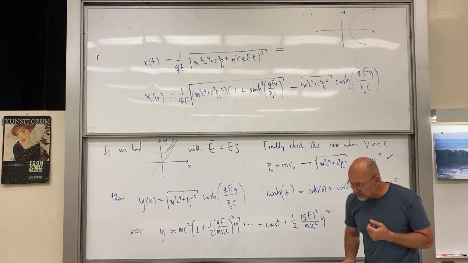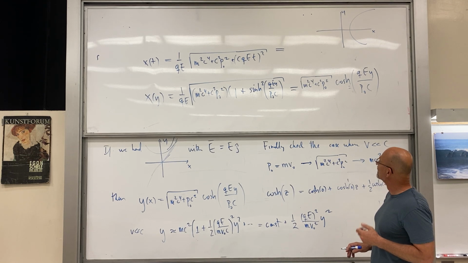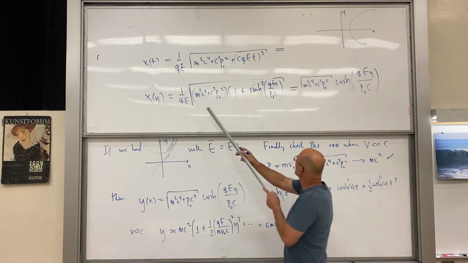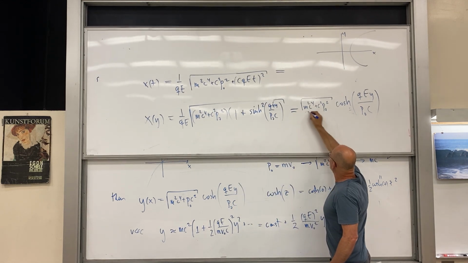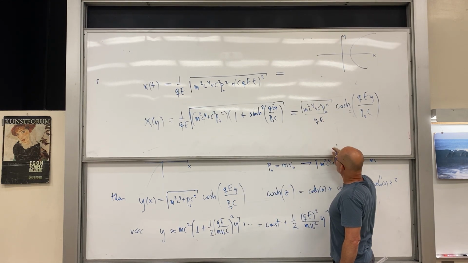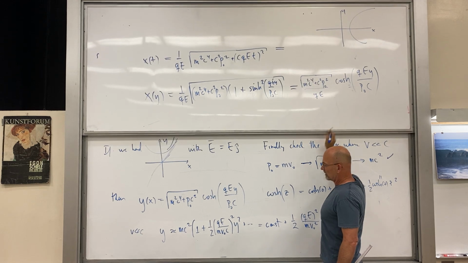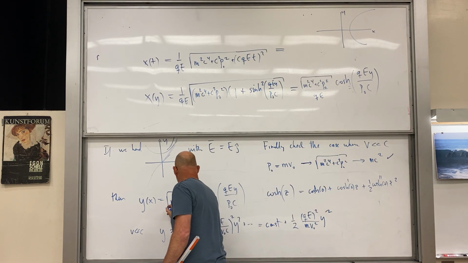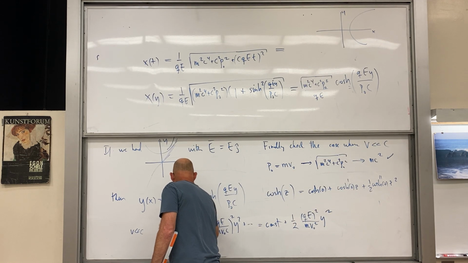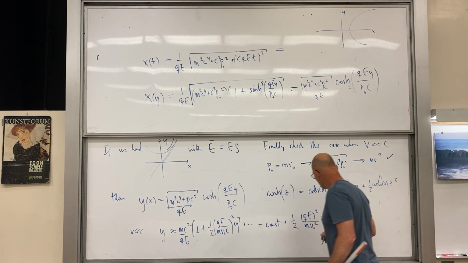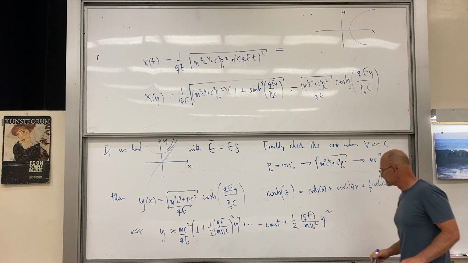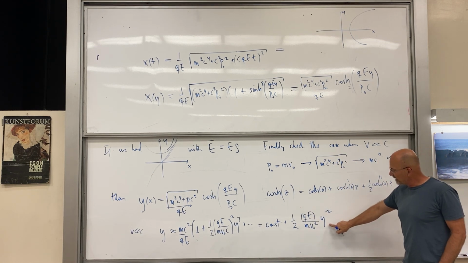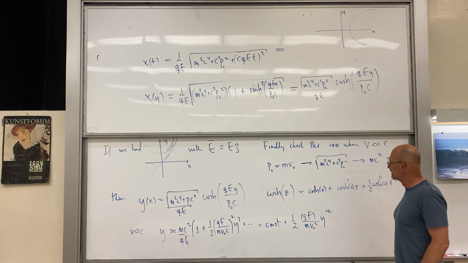I missed a factor of q E. Ah yes, sorry. There's a factor of q E that I lost, q times E, because we had to get rid of that squared one there. And now we have to see, do we recognize this?